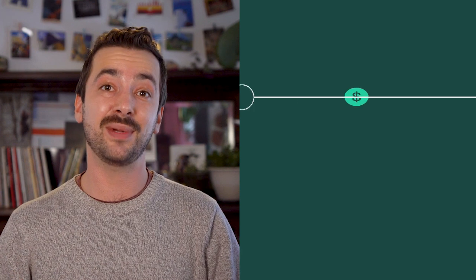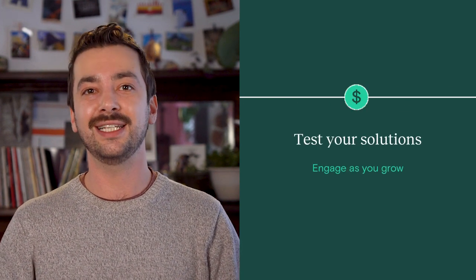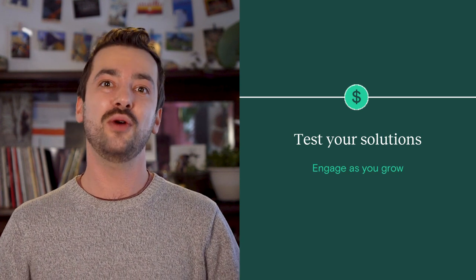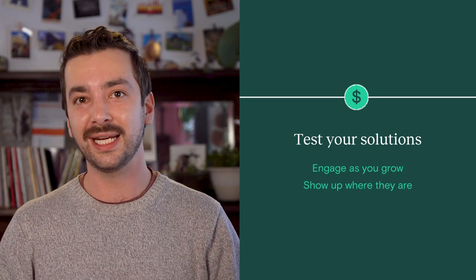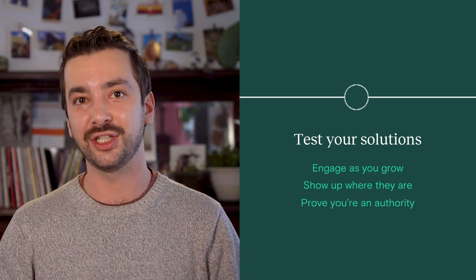Once you've created a few of these bite-sized solutions and transformations, the next step is to start testing those solutions. You do this by engaging your audience as it grows. This means showing up in the spaces that they're already in and proving yourself as a helpful authority within your niche and industry.